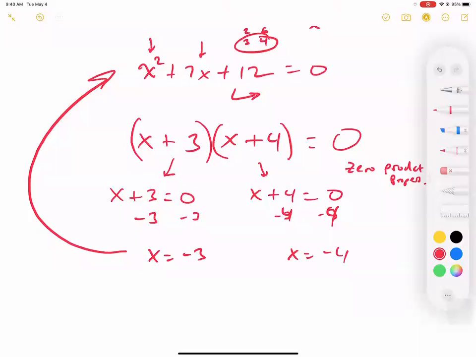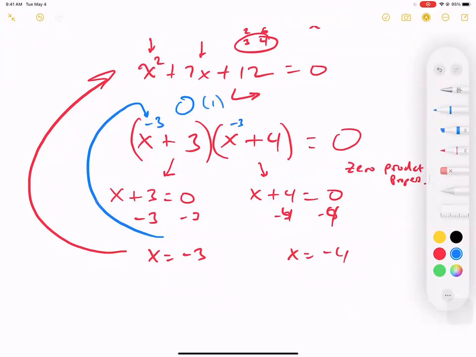Why is that? Well, if I plugged in negative 3 here, what is negative 3 plus 3? Is negative 3 plus 3 0? And 0 times any number is 0. In this case, if I plugged in negative 3 to both of them, negative 3 plus 4 is 1.